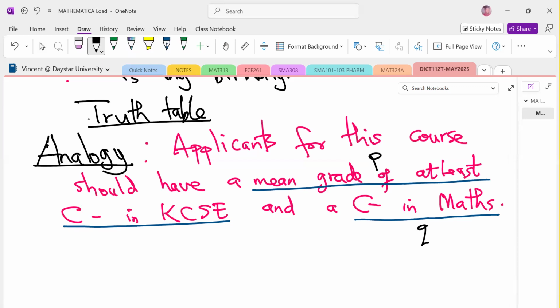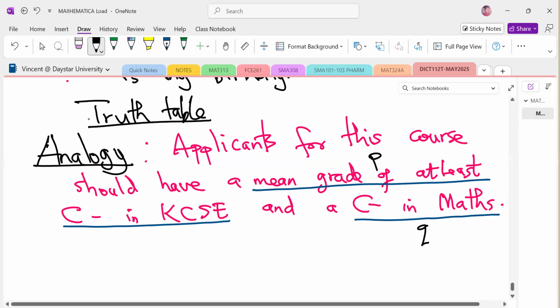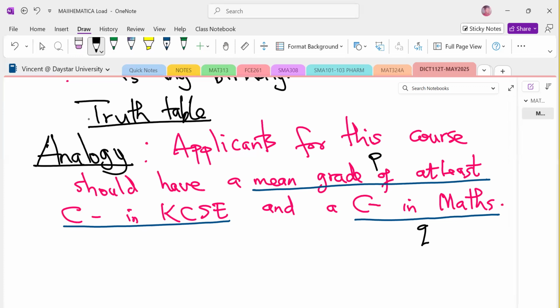And when a student doesn't have at least a mean grade of C minus in KCSE, then the truth value will be F. Then for Q, when a student has a C minus in math, the truth value is T. And when the student has less than C minus in math, we will interpret it as having the truth value of F.